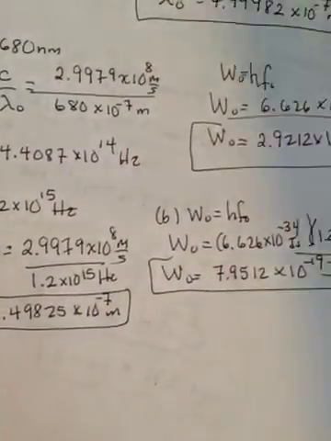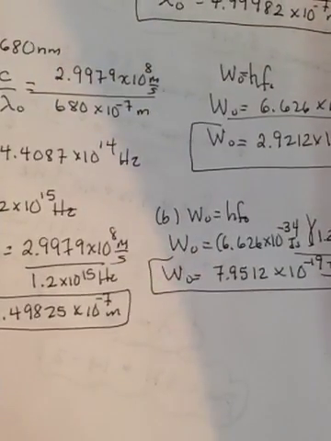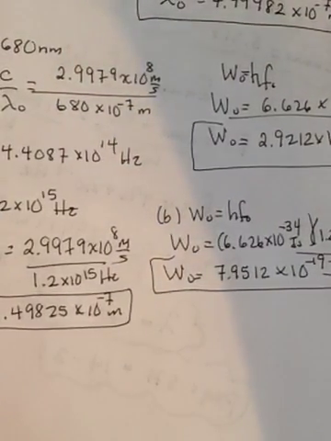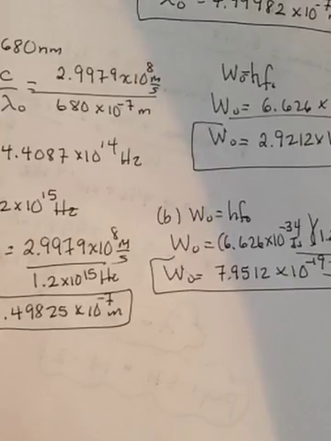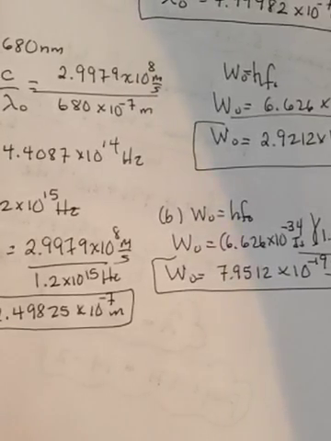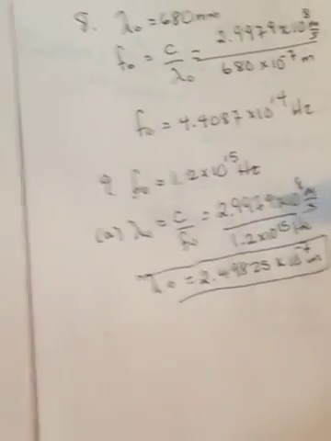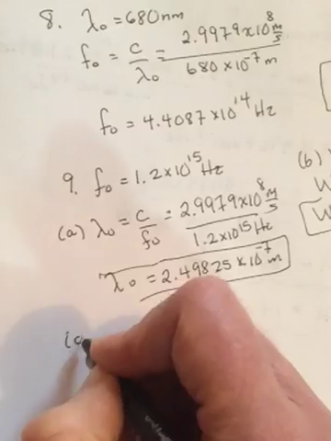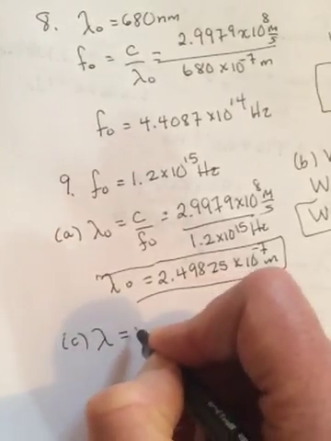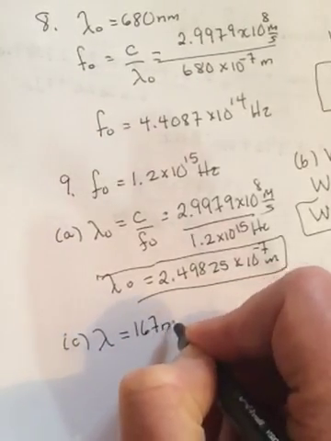Part C says, electromagnetic radiation of 167 nanometers falls on the tin. What is the kinetic energy of the ejected electrons in electron volts? So it's telling us in C then that the wavelength of the light is 167 nanometers.